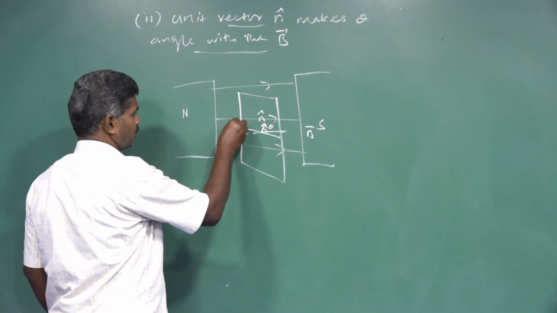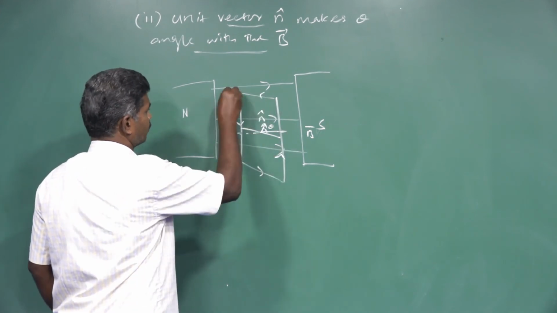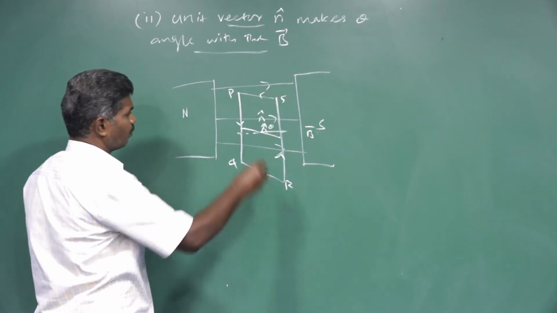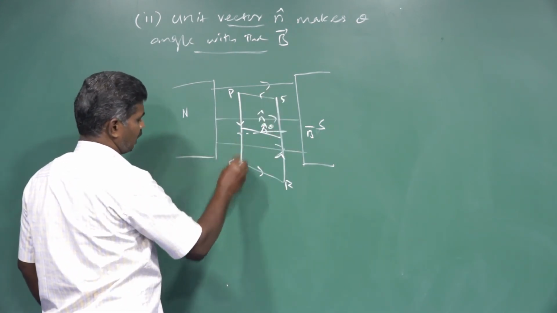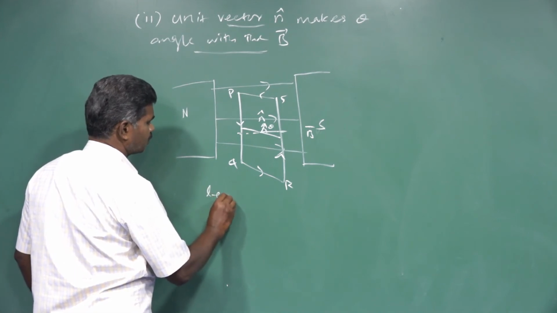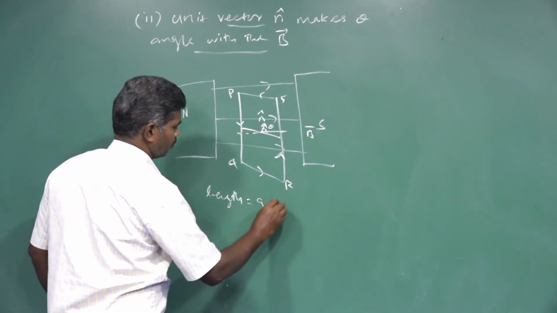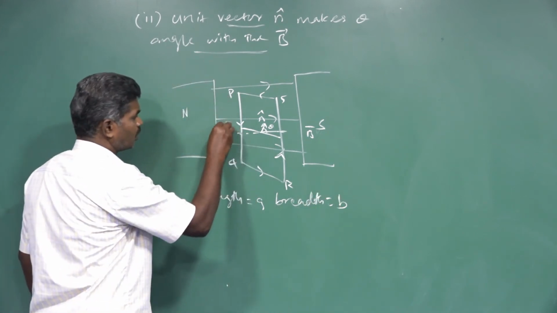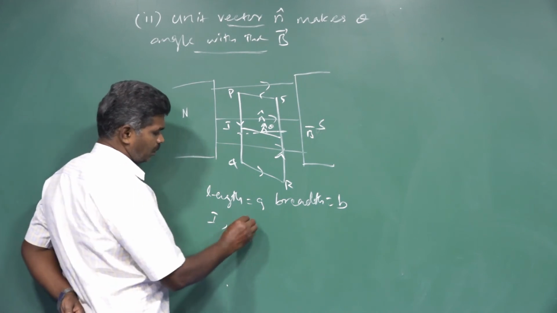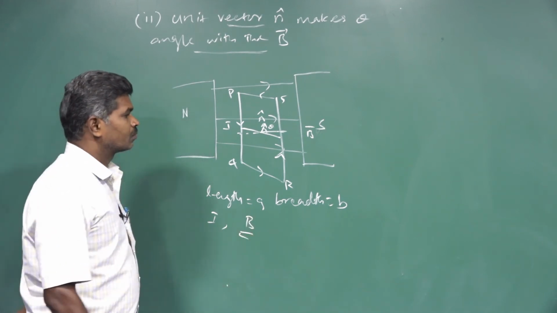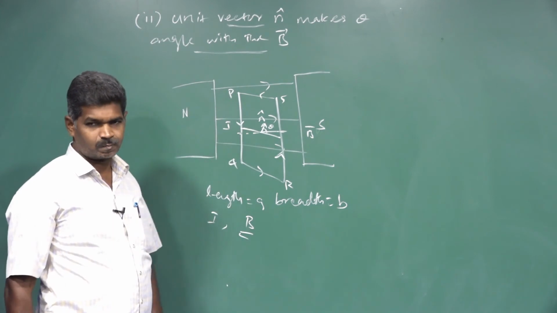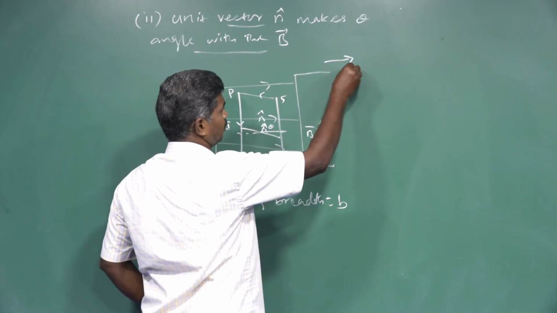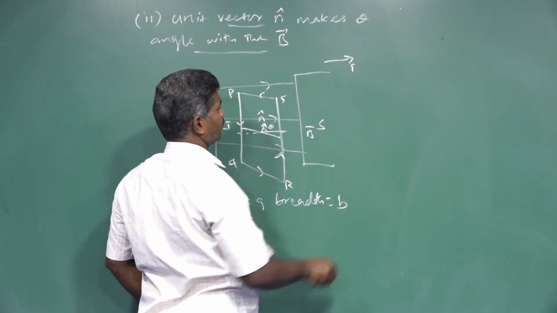If you pass a current in this direction, PQRS, length is taken as a, the breadth is taken as b. Current through the conductor is I, and the magnetic field is B. The plane is rotated some angle, but the magnetic field is along the x-axis, that is I cap.